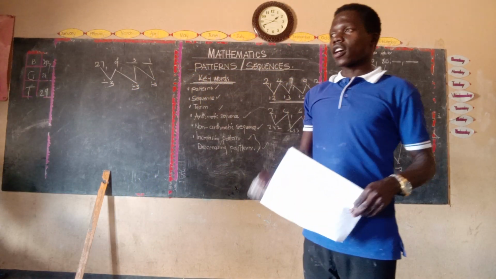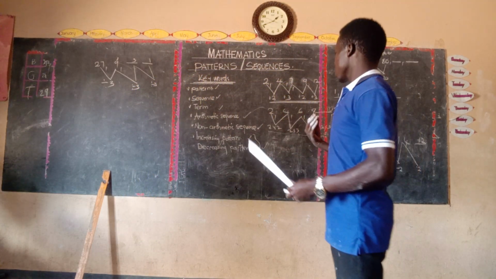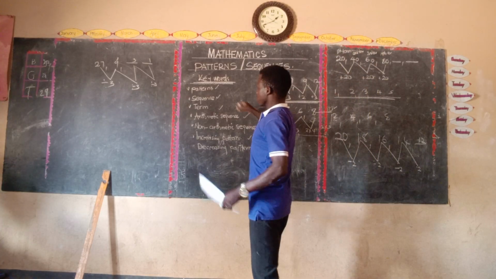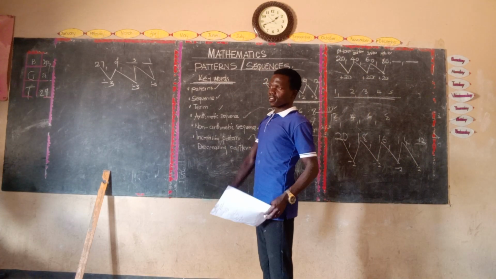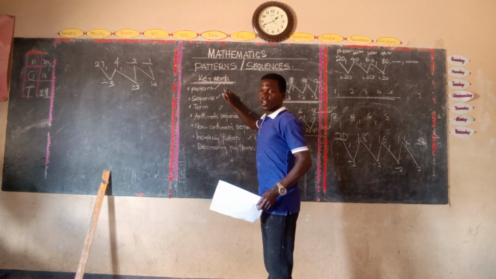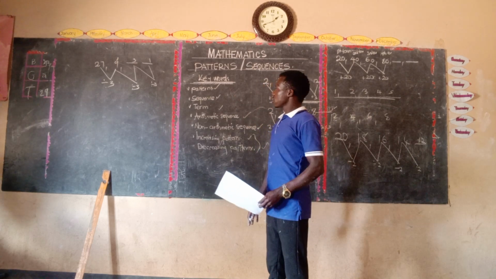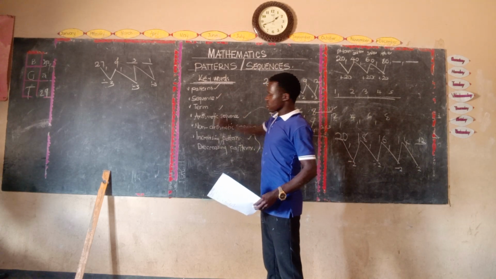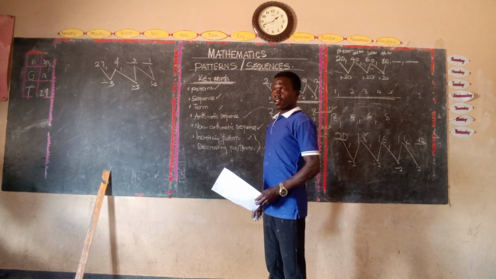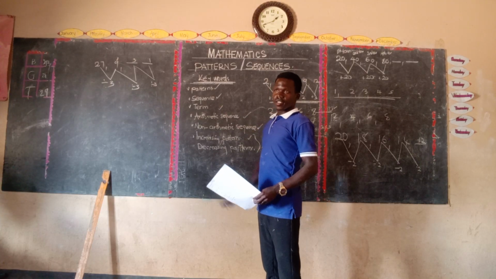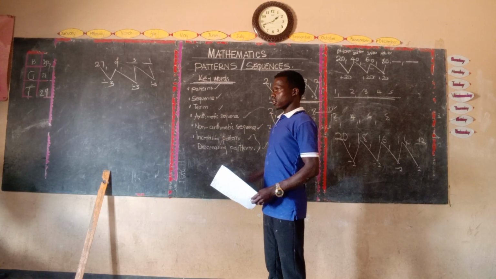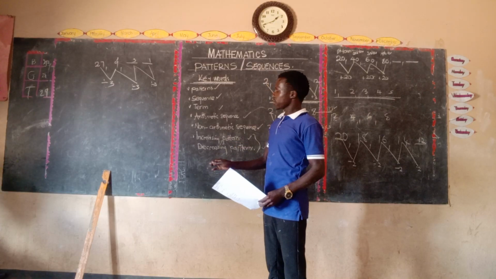So we have come to know all about keywords. The first one, the keyword is called patterns, which refers to the rules or the order in which numbers are written. Then we have sequences. These are series of numbers written following a certain rule or order.